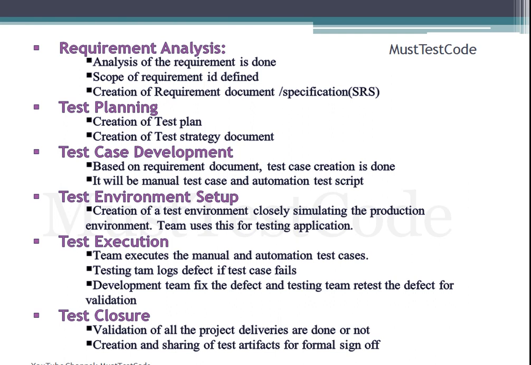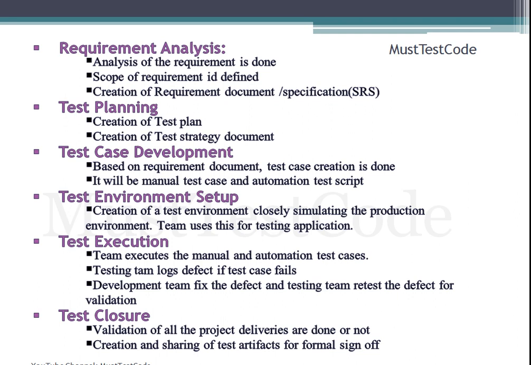Then test execution, right? Here the team executes both manual and automation test cases, so that if any test case fails, then a defect can be logged for that, right?